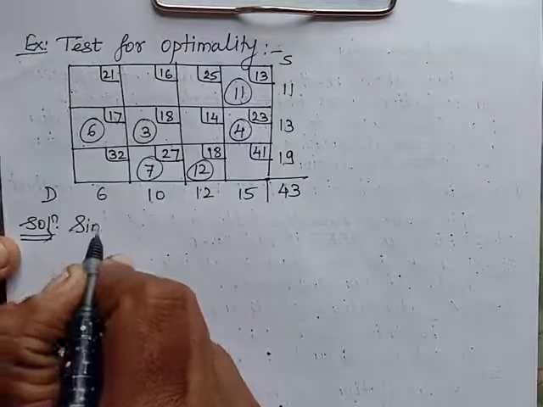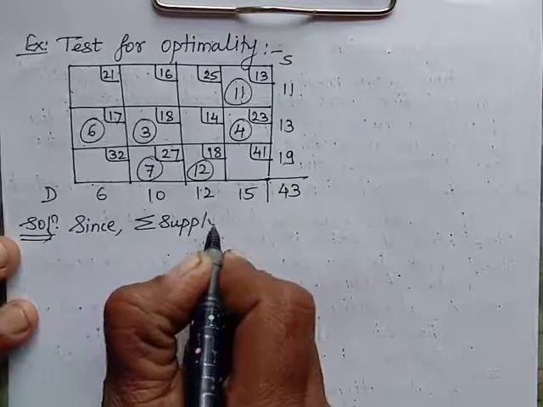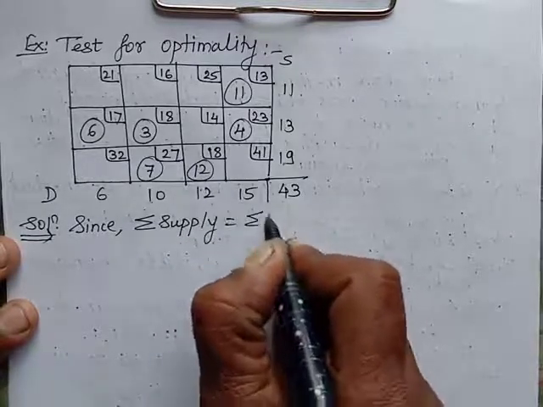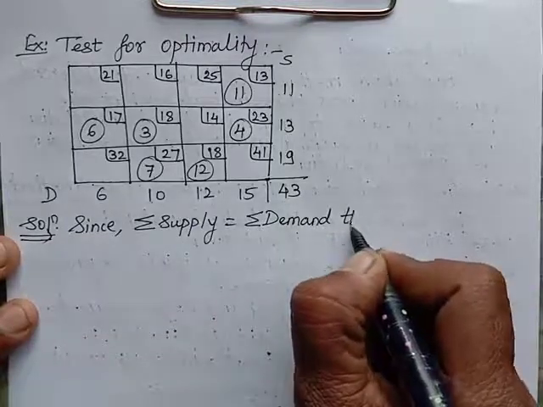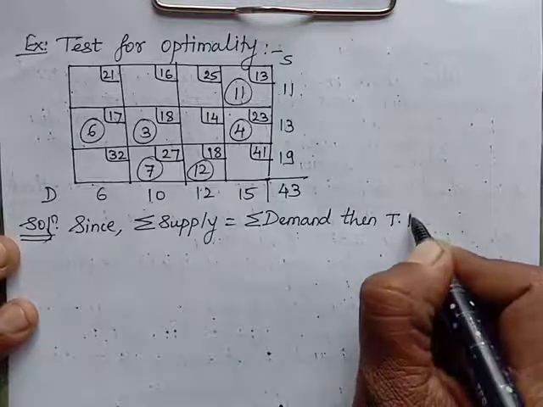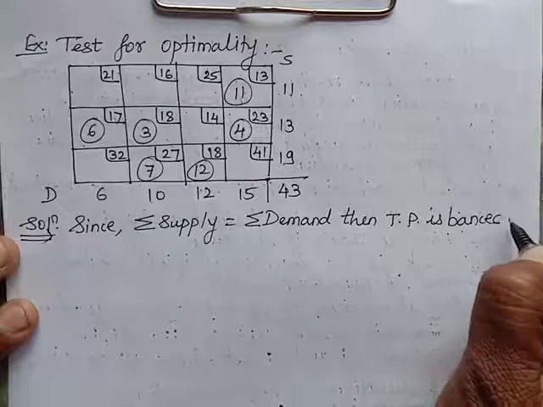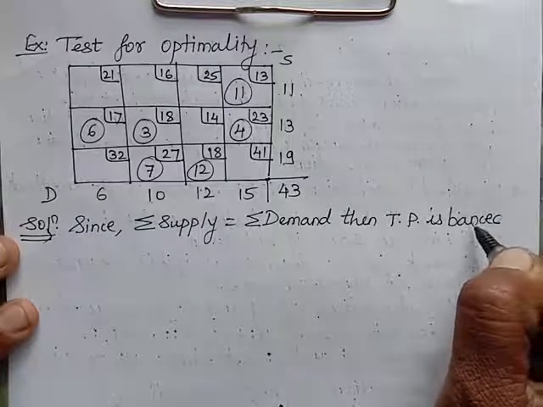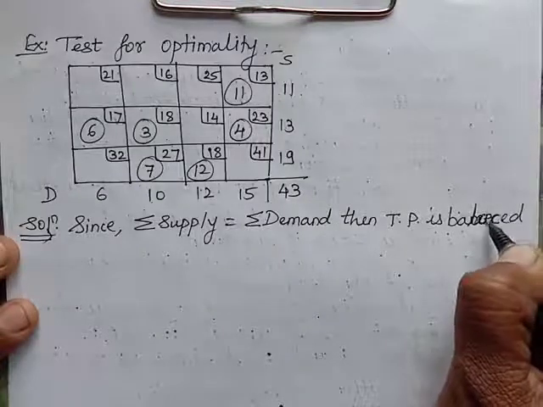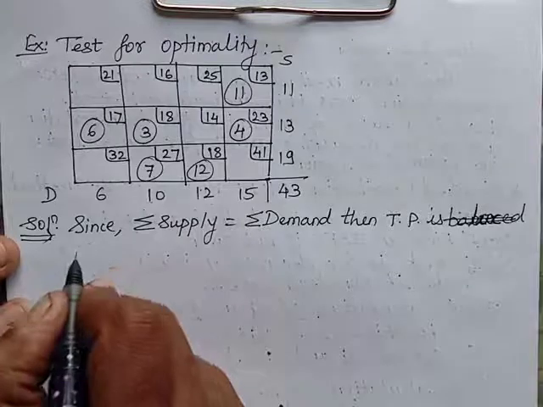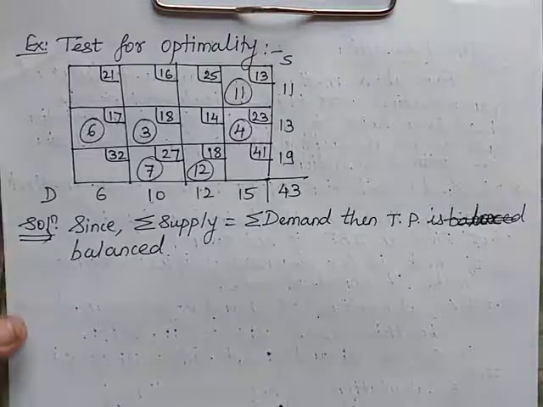Since summation supply is equal to summation demand, then the TP is balanced.